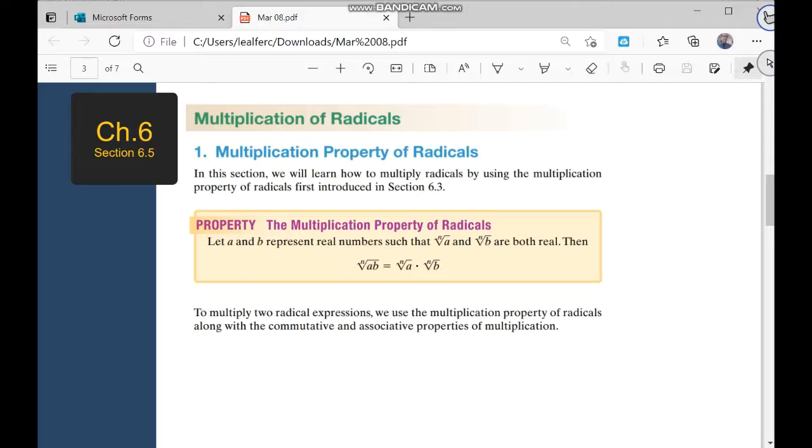Last week we studied the multiplication property of radicals.